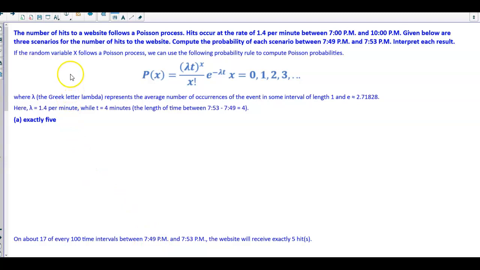Okay, so if a random variable x follows a Poisson process, we can use the following probability rule to compute Poisson probabilities.